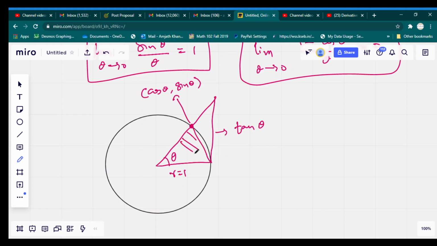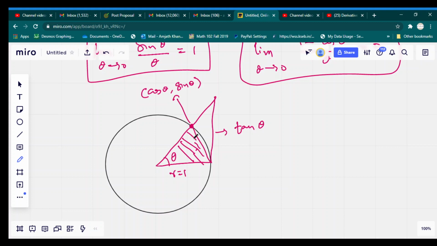Consider the triangle inside the sector. So you can see three areas: the area of the triangle inside, the area of the sector, and the area of the big triangle.